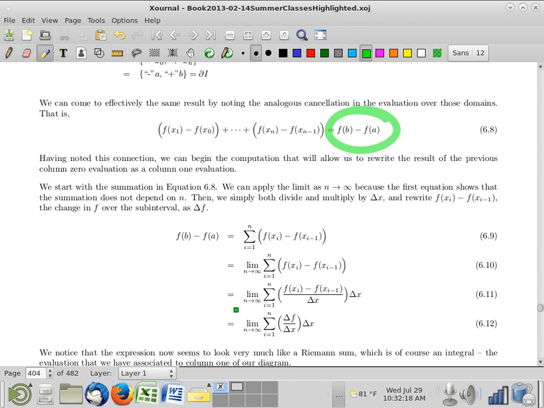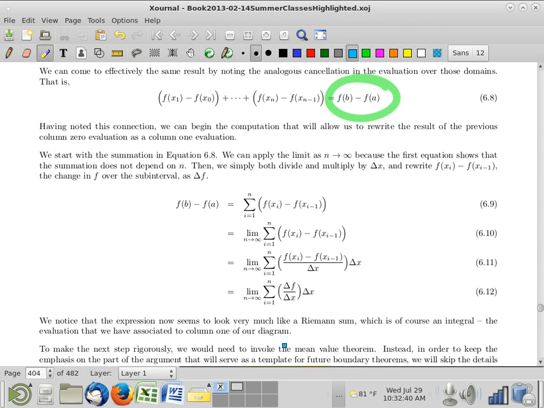Now you look at this and think, well, gosh, that looks kind of like an integral, but not quite. I need a delta x on the end to make it an integral, so I'm going to multiply and divide by delta x, just as an excuse to get a delta x there to go with everything else to make this look like a Riemann sum.